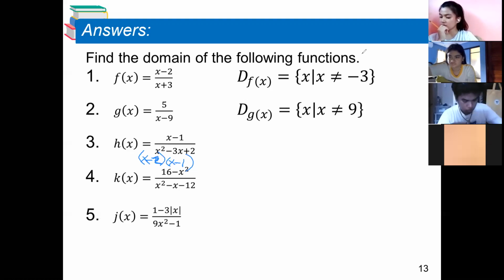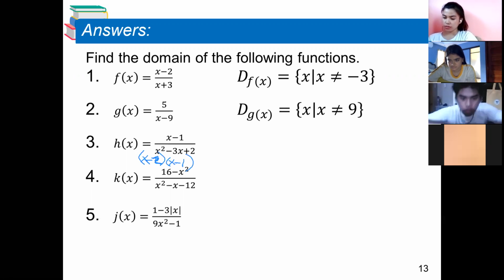What would be the potential answer there? The domain of the function h of x is equal to the values of x such that x is not equal to 2 and not equal to positive 1.